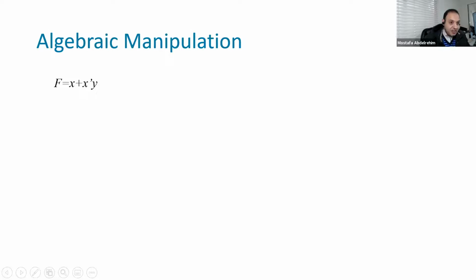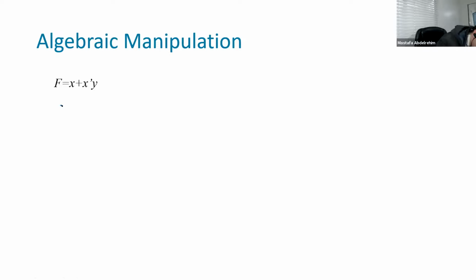x or x prime y. x or x prime y. Good. So let's distribute. This is Boolean algebra, so I have a new rule here that you can distribute even with or.